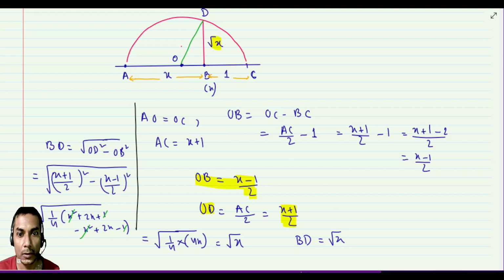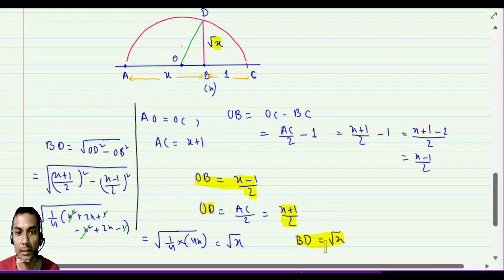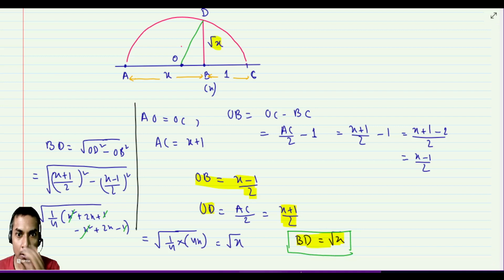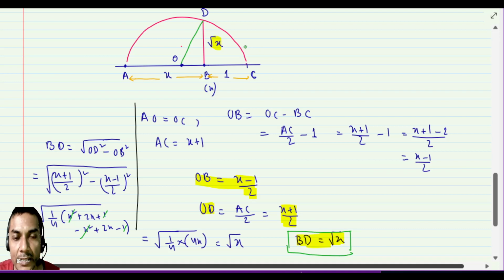I already told you before starting this calculation that BD is equal to root x. Now how we get this root x is simply you draw one curve here, this one arc, with center as B and radius as BD.